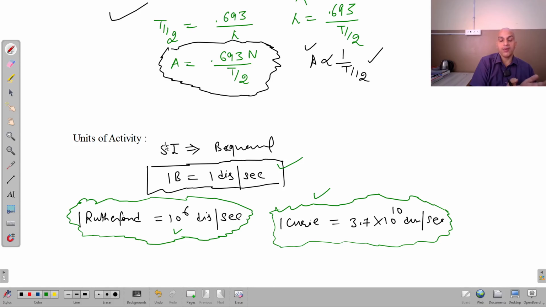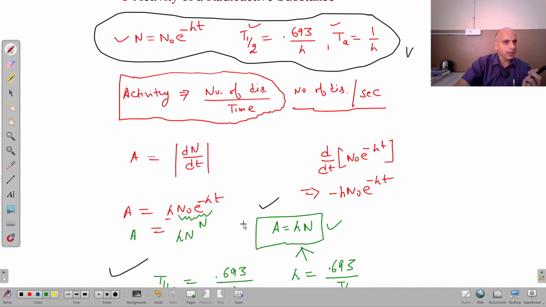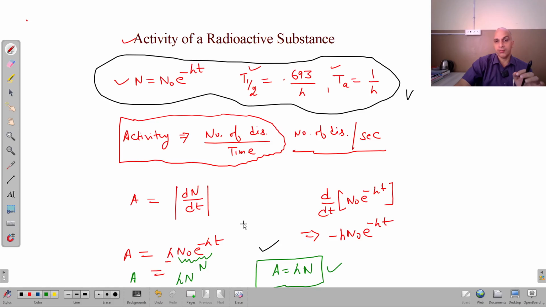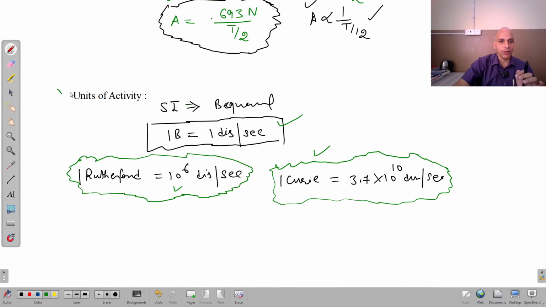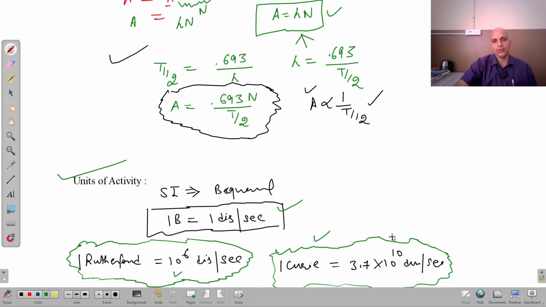Activity means the number of disintegrations per unit time, and the standard unit is the Becquerel, named after Henry Becquerel. We have Rutherford and Curie units also. These are some things related to the activity. In the coming lecture, I will take up some numerical problems based on these two topics, activity and units of activity. Thank you very much.